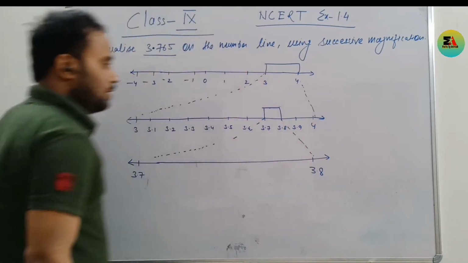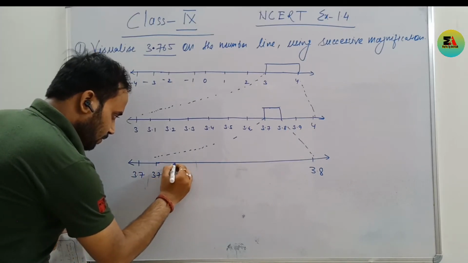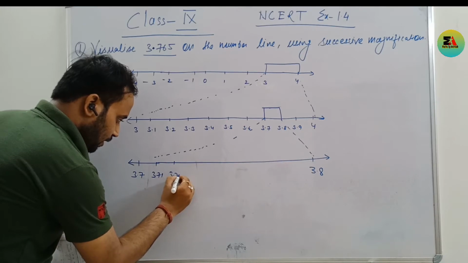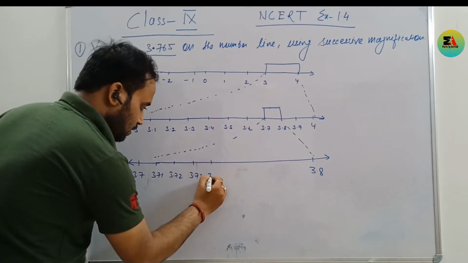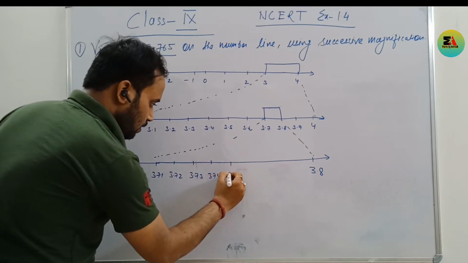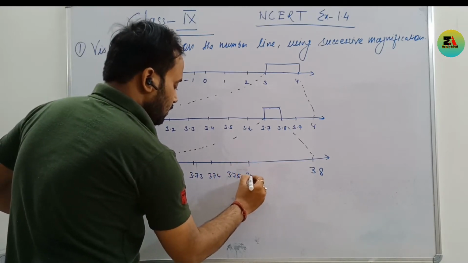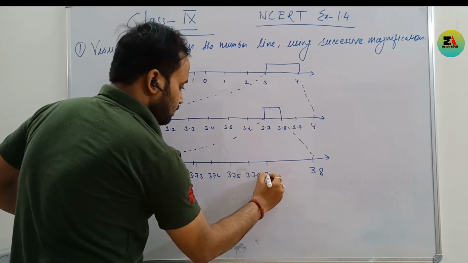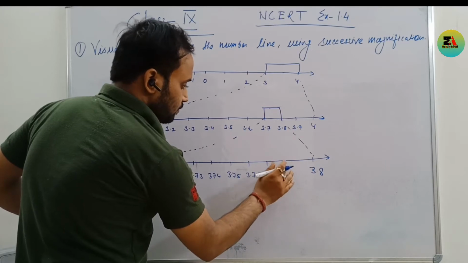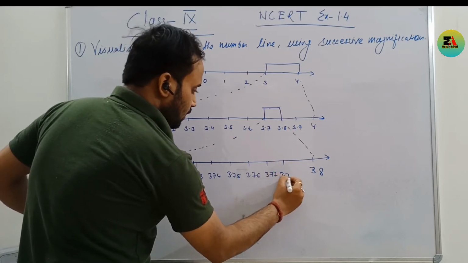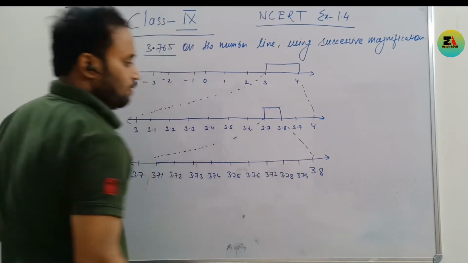Now from 3.7, first we write 3.71, 3.72, 3.73, 3.74, 3.75, 3.76, 3.77, 3.78 and 3.79. The last one is our 3.8.